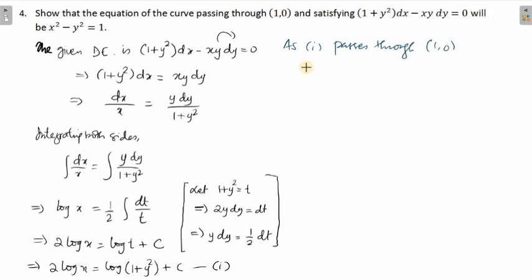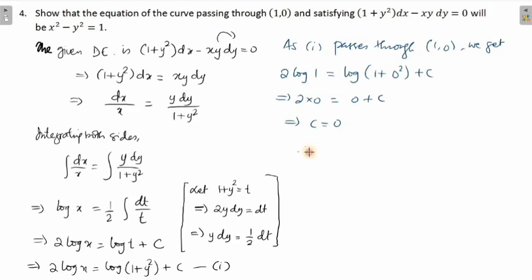So we get 2 log 1 is equal to log(1 plus 0 square) plus c. Now all of you know log 1 is 0, so it becomes 2 into 0 is equal to, this is also log 1, so this is also 0, plus c, right? So from here the value of c turns out to be 0.